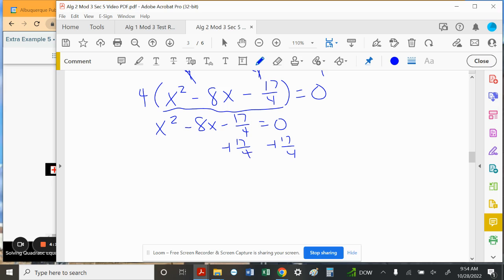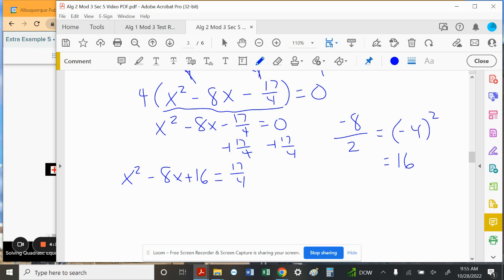So this is going to get a little messy as we start playing around with it. I have x squared minus 8x, leave it blank, equals 17 over 4. I'm going to look at that negative 8. I'm going to take half of it, which is negative 4. I'm then going to square it. That's going to be 16. So that tells me I have to add 16 to both sides.